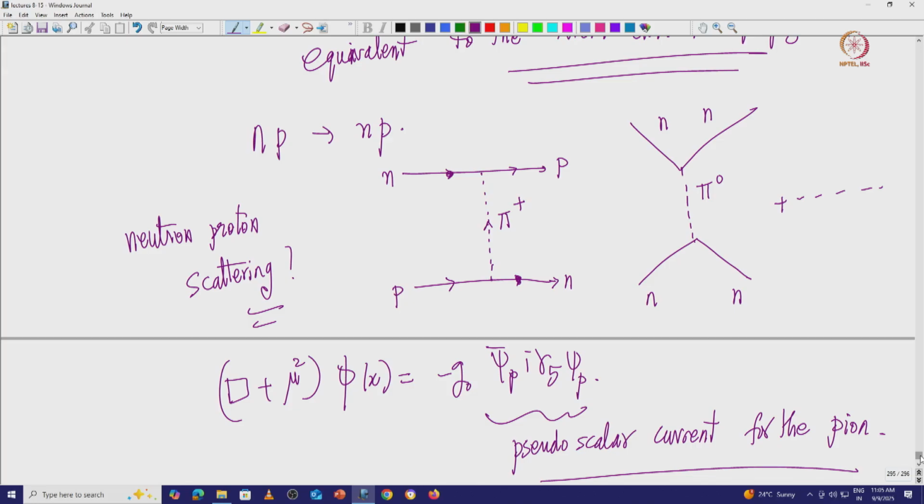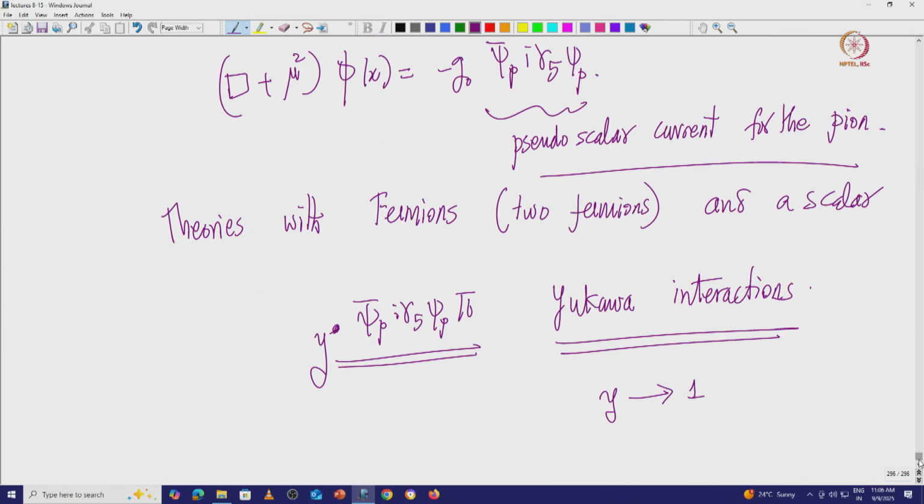Okay, good, this is good, but one subtlety here is that the pion is a pseudoscalar current. So, the pion is a pseudoscalar. Instead of psi bar psi phi, you also need to put in a gamma 5, so psi bar gamma 5 psi phi.